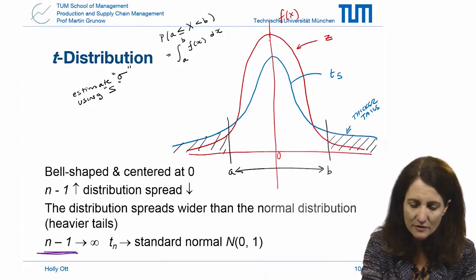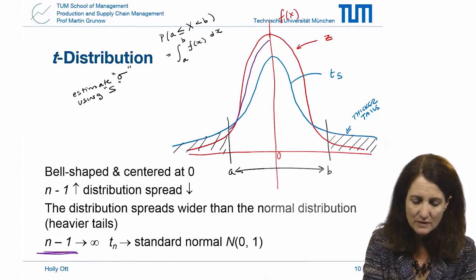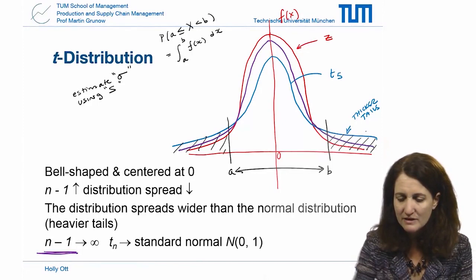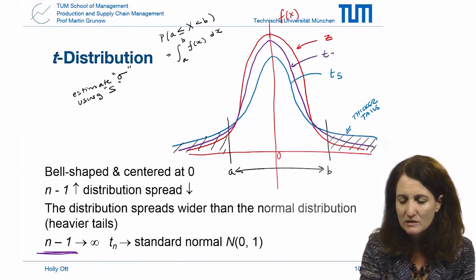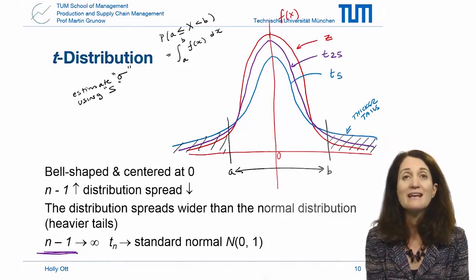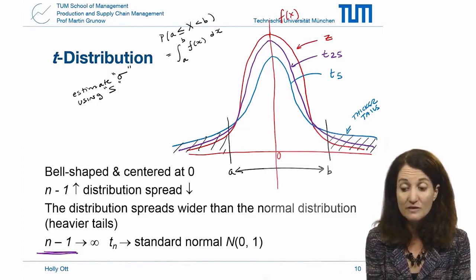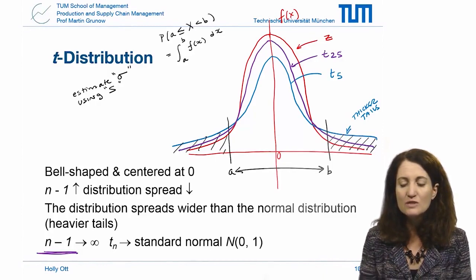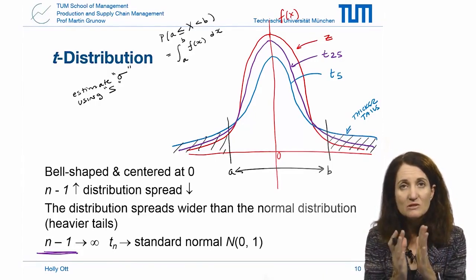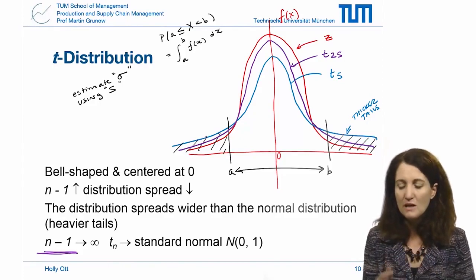So for example, again, please be patient with my drawing. Here we have t with degrees of freedom 25. As n goes up, it doesn't even have to go up that much, you see that the t distribution starts to become thinner with lower tails.